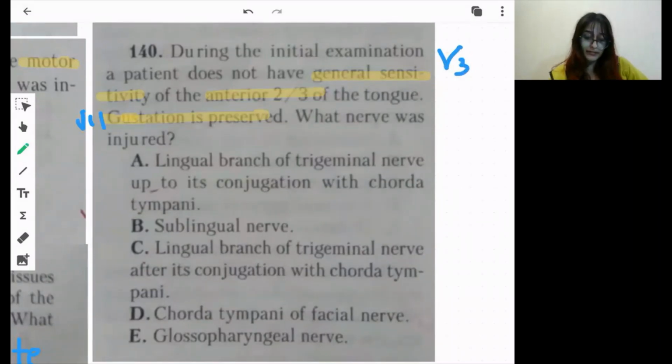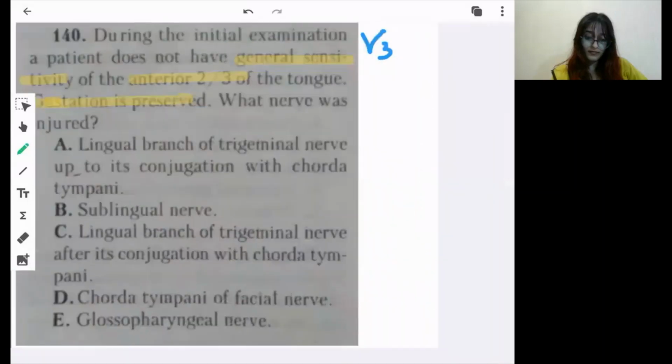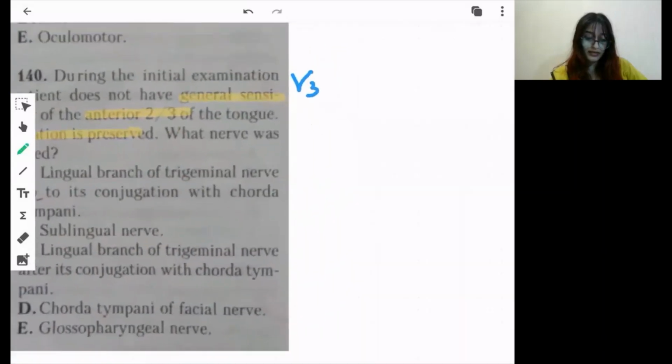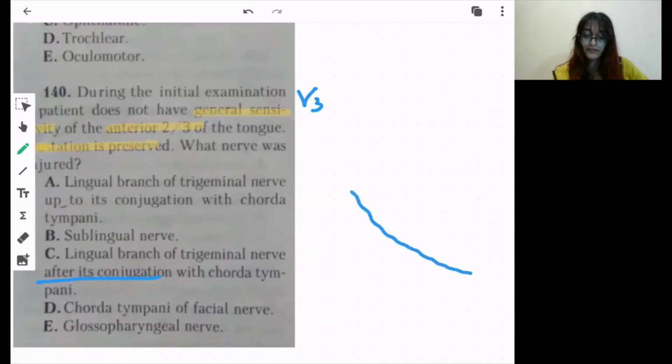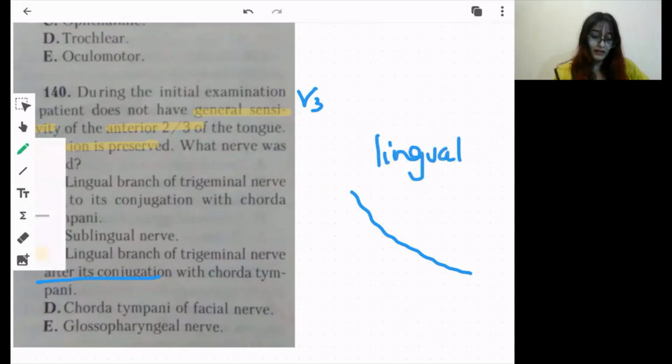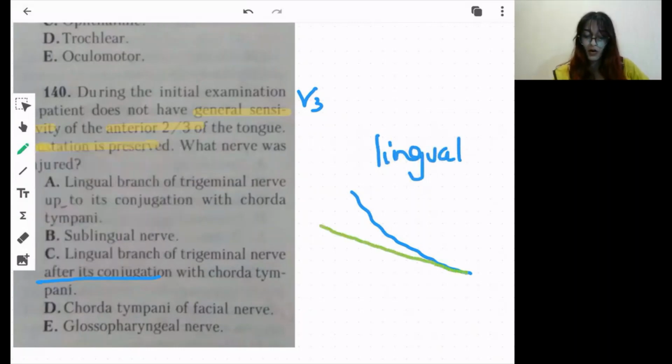So here, in this option, they are saying the lingual branch of trigeminal nerve after its conjugation with chorda tympani. So let's imagine this is the lingual nerve, and this is the chorda tympani branch of the facial nerve.